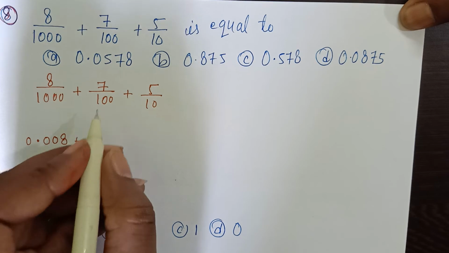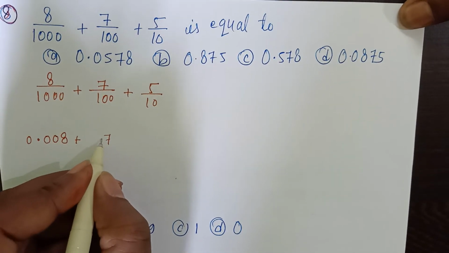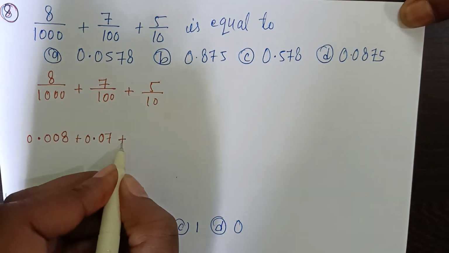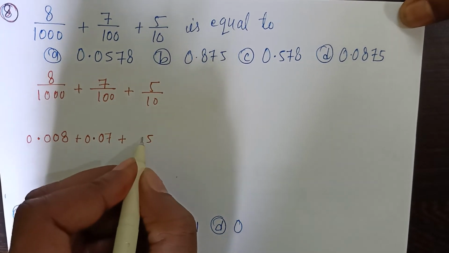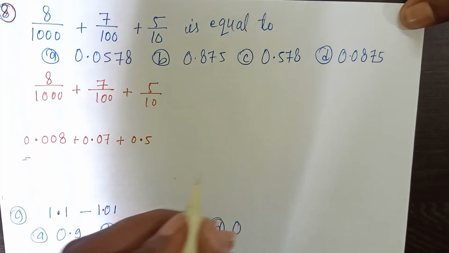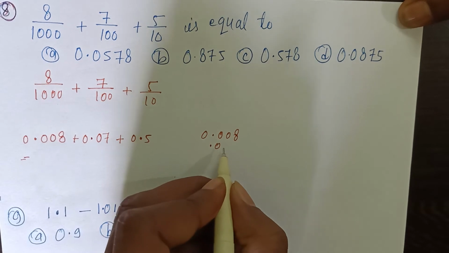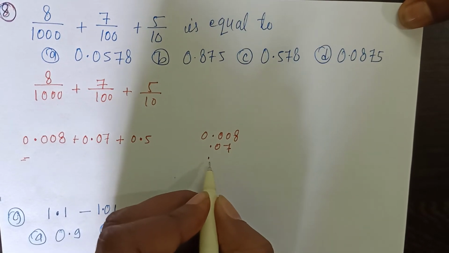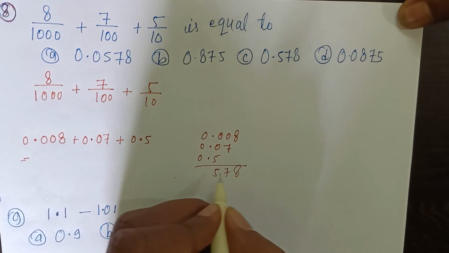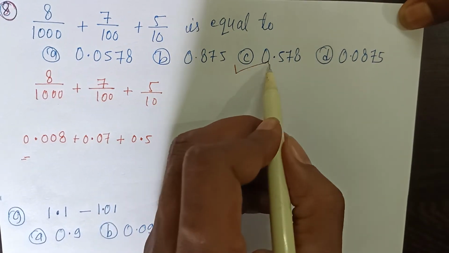Now here is 7 with denominator 100, so 2 digits, and 5 with denominator 10, 1 digit. If you add in this way, 0.008, then 0.07, then 0.5, you get 0.578. Then according to the question, option number C is correct.